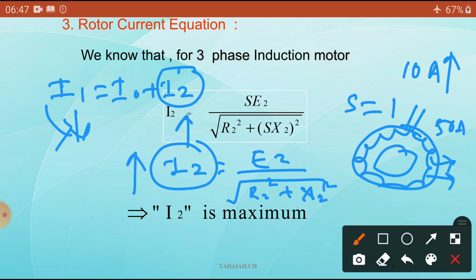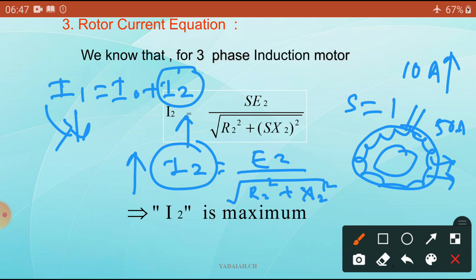So it opposes the supply voltage. Then automatically the difference between the supply voltage and the induced voltage in the rotor decreases. Then automatically the current will decrease. Initially we require assistance.